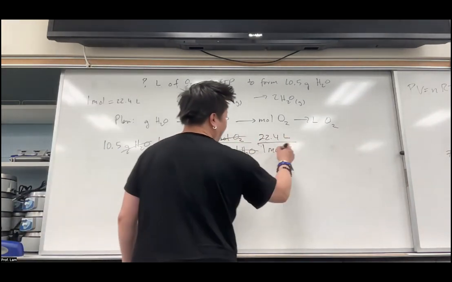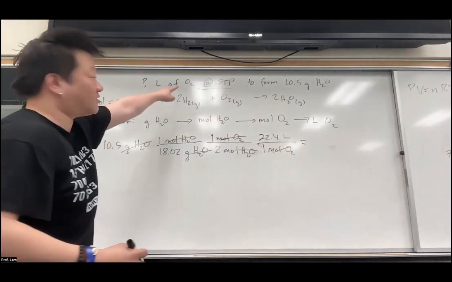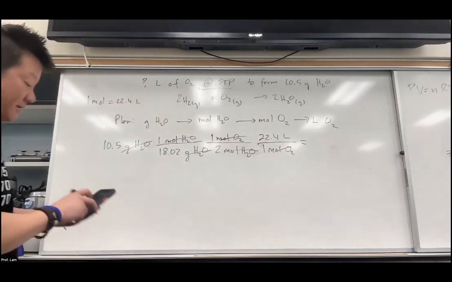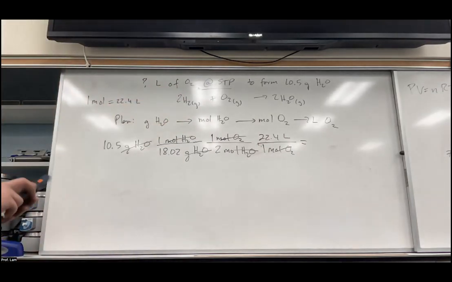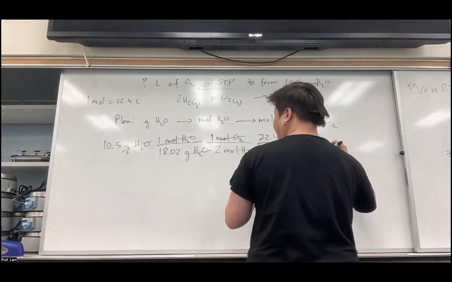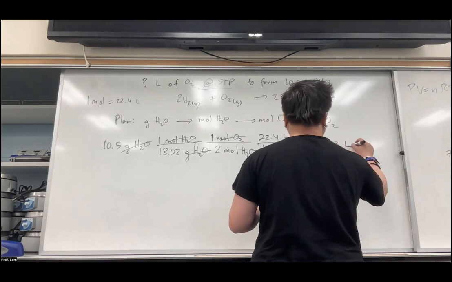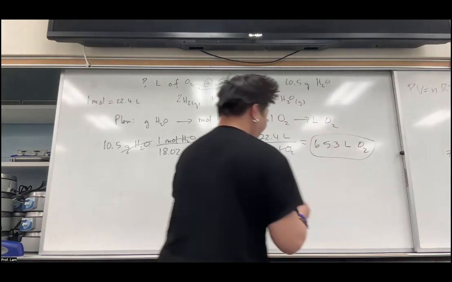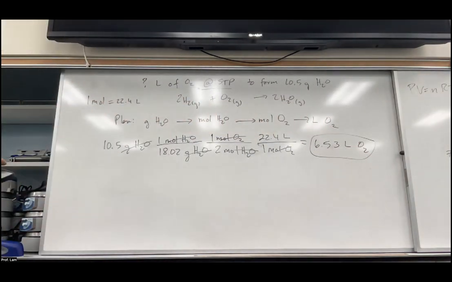So right there gets me straight to liters of O2, which I'm asked for. So that's why at STP, it's kind of nice. It's a lot easier to do the calculation. So 6.53 liters of O2 is the answer there.